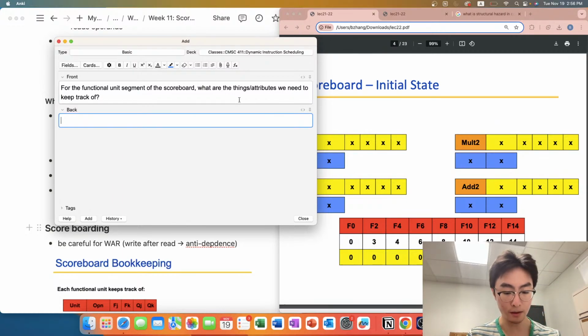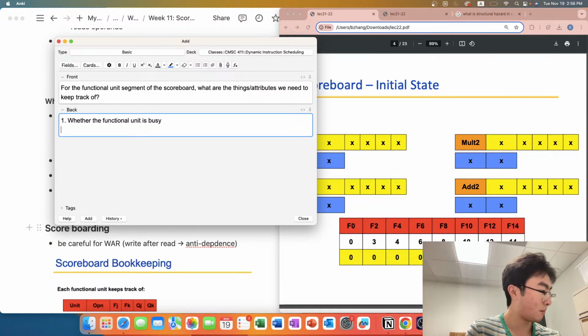So the first thing I think is whether the functional unit is busy. Call it B.